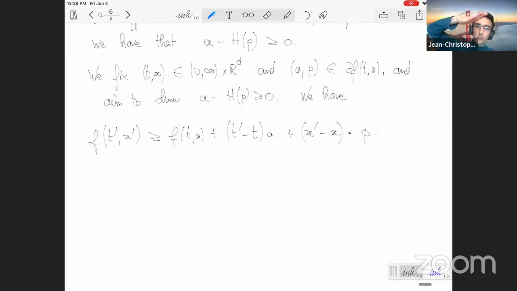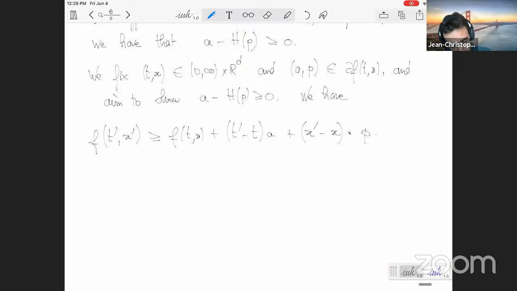You see, saying that (a,p) is in the subdifferential of f at (t,x) means that I can touch from below with slope p at the point (t,x). And I'm going to try to find the same slope at the initial time, because in one way or another, I have to leverage on the fact that the initial condition is C1. So I'm going to try to relate what happens at the initial time with this point I'm wondering about.